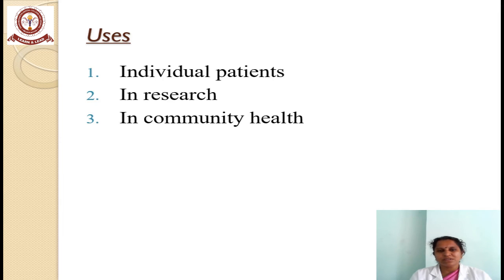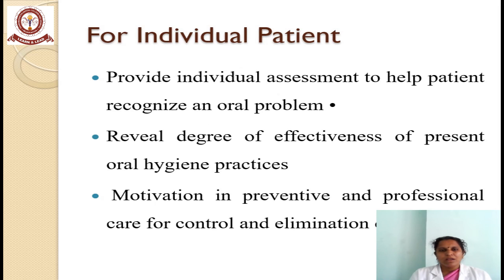Uses of an index: it is used in individual patients, in research and in community health. For individual patients, we can use the indices to make people understand what oral problem he or she is having.